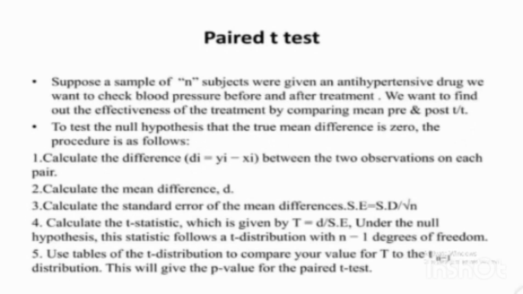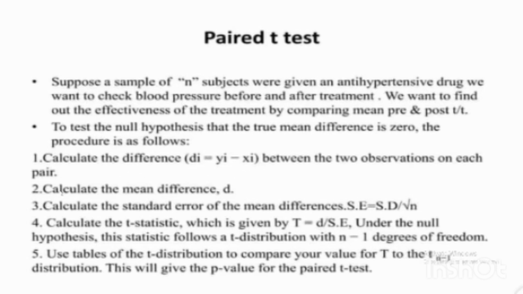Here are the steps to calculate the paired t-test. First step is calculate the difference between two observations, that is di is equal to yi minus xi.